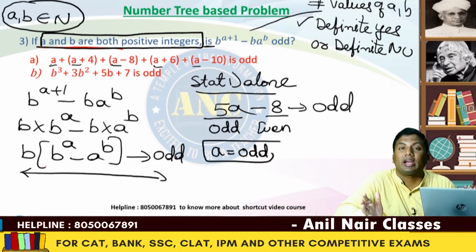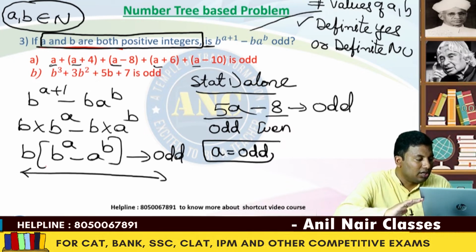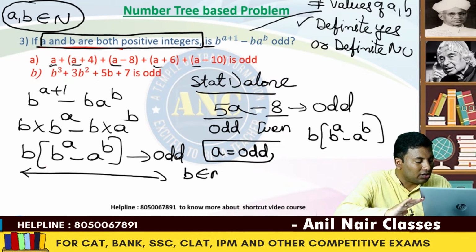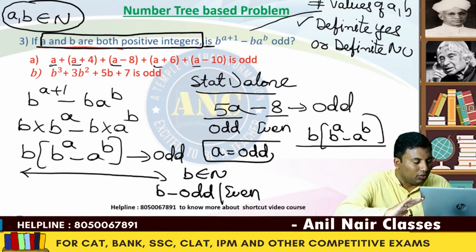It is clearly mentioned that B is a natural number. That means I substitute in B into (B power A minus A power B). Because B is a natural number, B could be an odd number or an even number. Let me take B value 3 and B value 2.